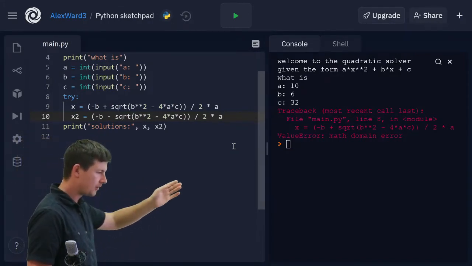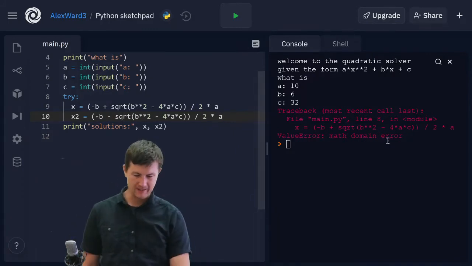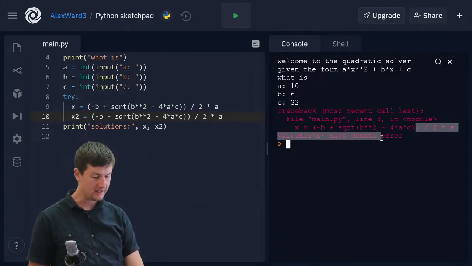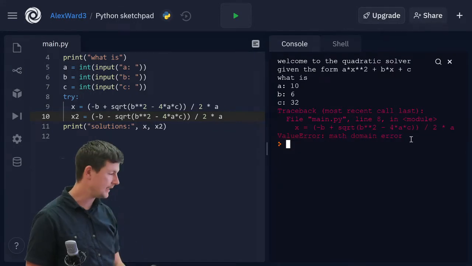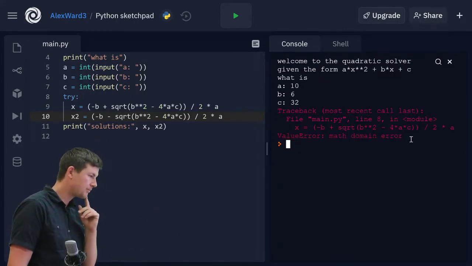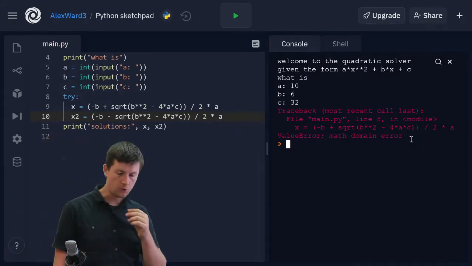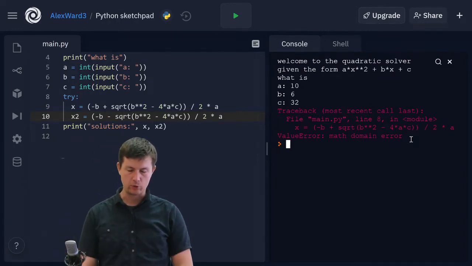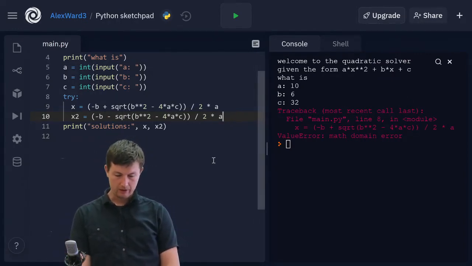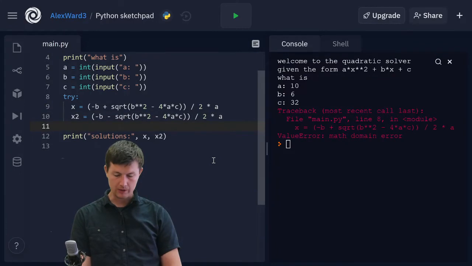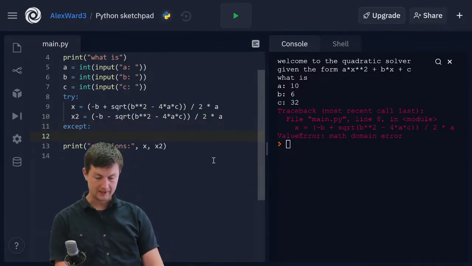Now you see over in my error over here, it said math domain error. That means something has gone wrong in the math. It's probably there are no solutions to this. Well, certainly there are no solutions to this. So it's tried to solve it and it hasn't been able to. So math domain error. And then what do we do after try? We put the word except.